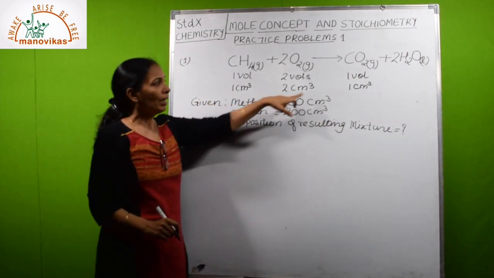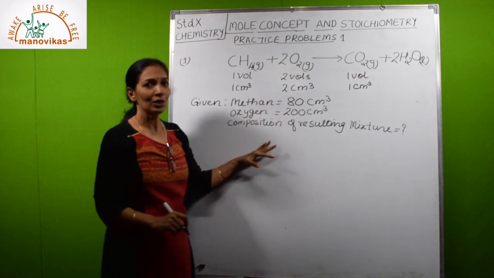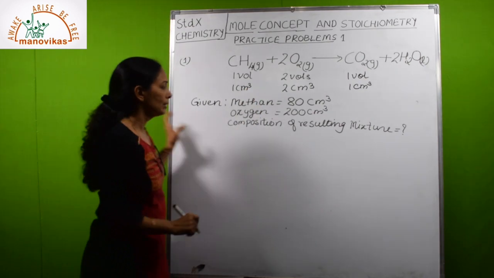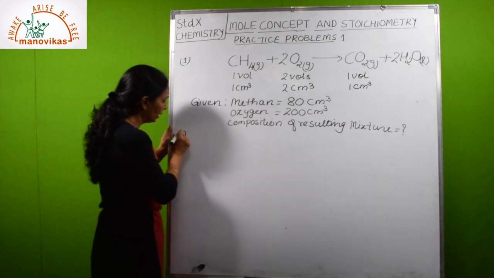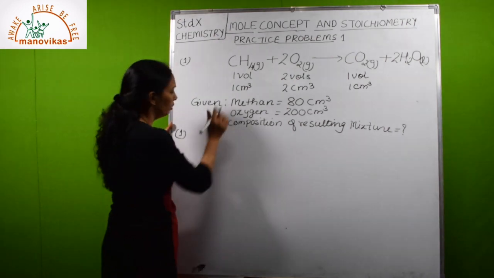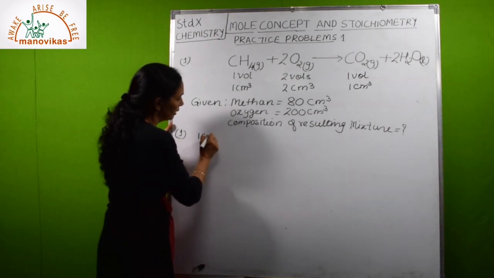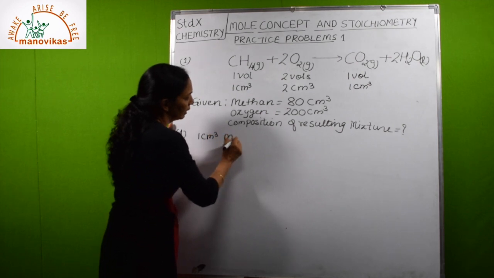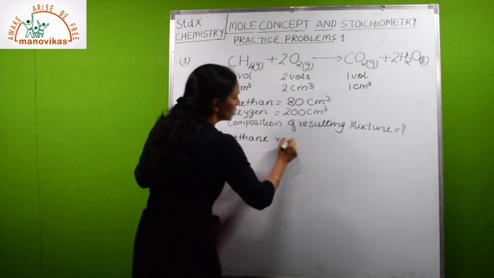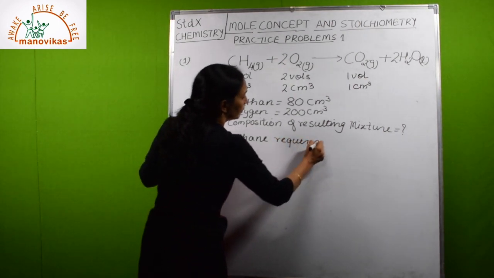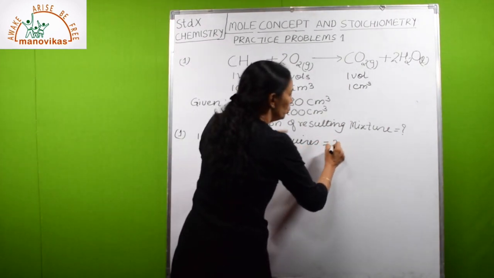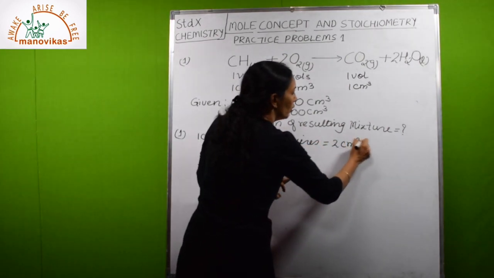Actually, looking at these values you can give the answer, but it is not oral, okay, because it requires double of its volume. Let us first calculate how much oxygen is required. So first we'll see, 1 cubic centimeter methane requires how much oxygen? 2 cubic centimeter oxygen.